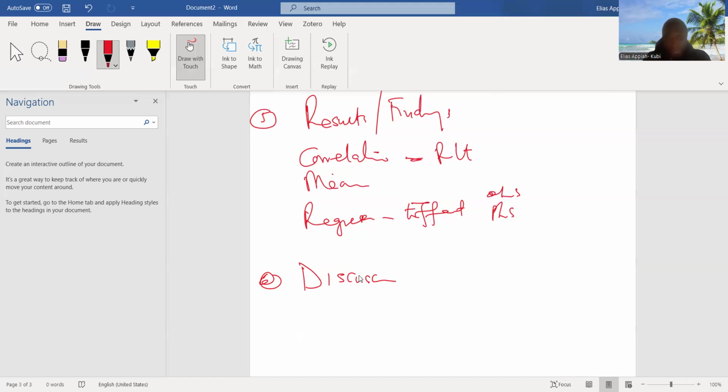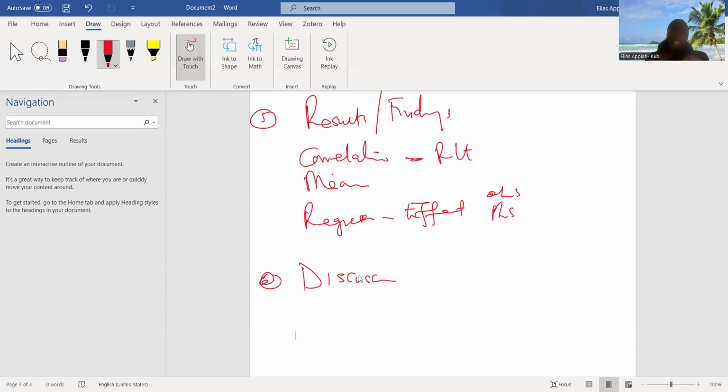That is the primary thing, the main thing you are going to compare. So whether the results deviate from past findings or are in agreement with past findings, if they are in agreement, why? If they deviate, why? That is the discussion.